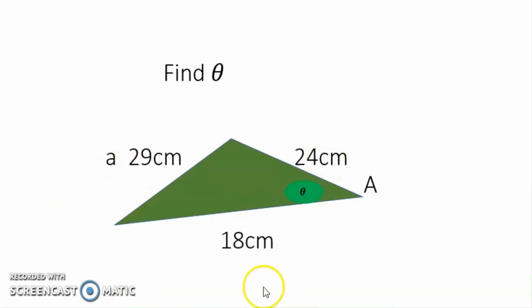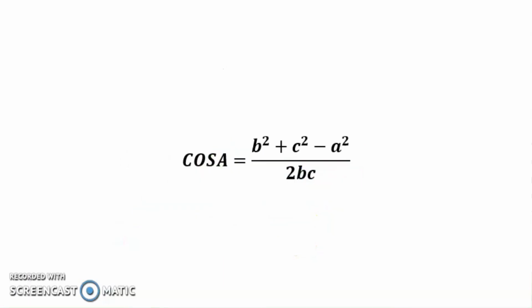It doesn't matter what you label the other sides. If you label here to be C, here to be B, it doesn't really matter. So we apply this formula, cos A equal to B squared plus C squared minus A squared all over 2BC.